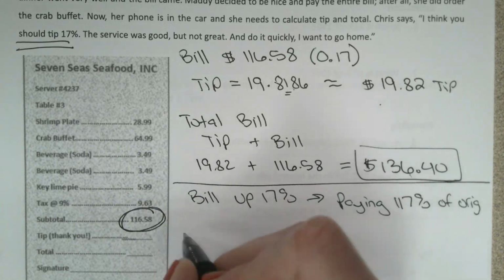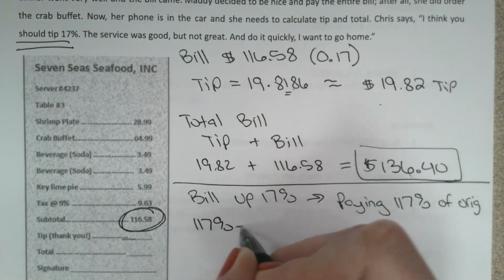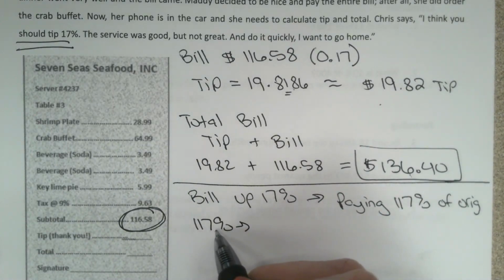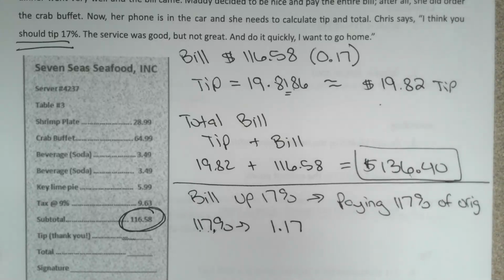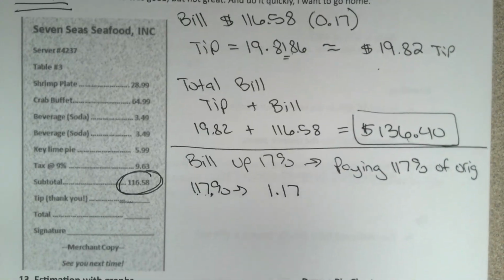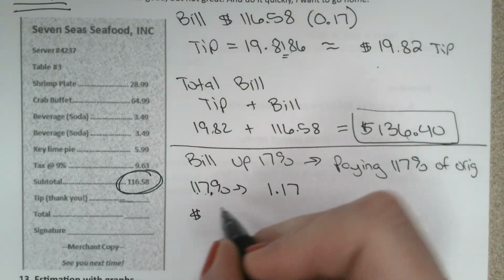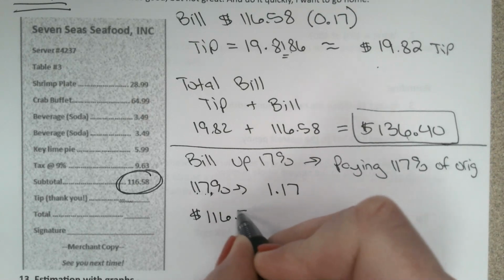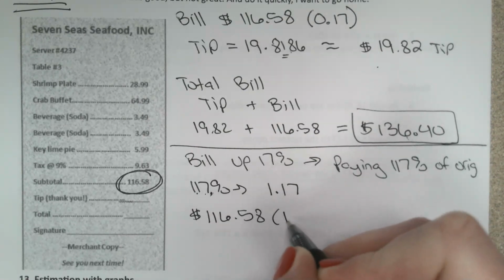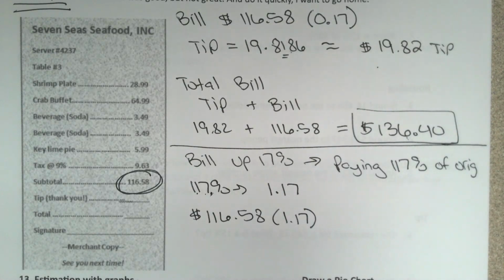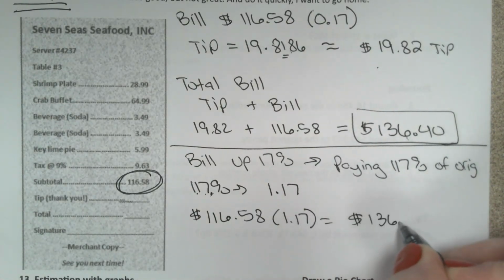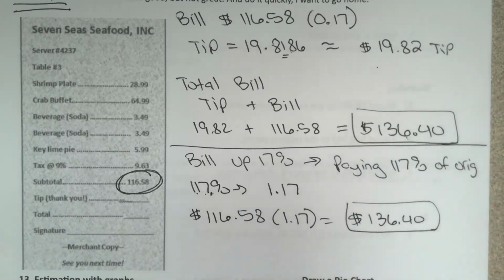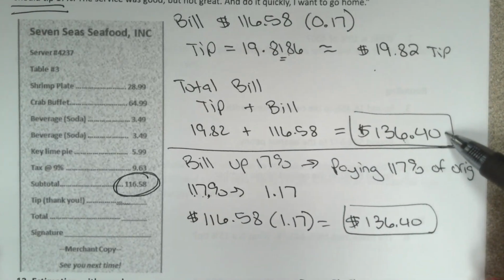If you have 117% of something, convert it to a decimal. At the end of the 7, it goes back 2 places. That's the same thing as 1.17. So if you take your bill, 116.58, and multiply it by 1.17, you get 136.40, which is the exact same thing that you got here.